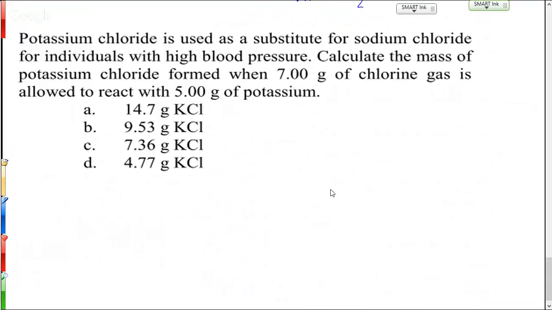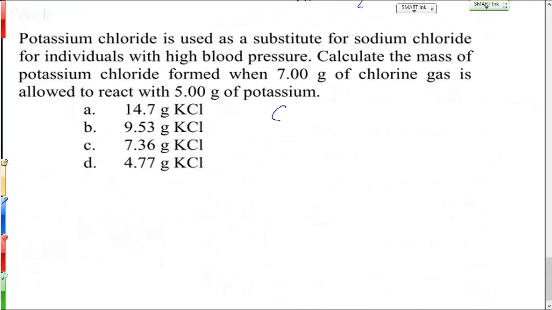Potassium chloride, you can buy that as a salt substitute. Calculate the mass of potassium chloride formed when 7 grams of chlorine gas is allowed to react with 5 grams of potassium. Now we're going to talk about how to set up a reaction like this in the second half of today, so I'm just going to do it for you.